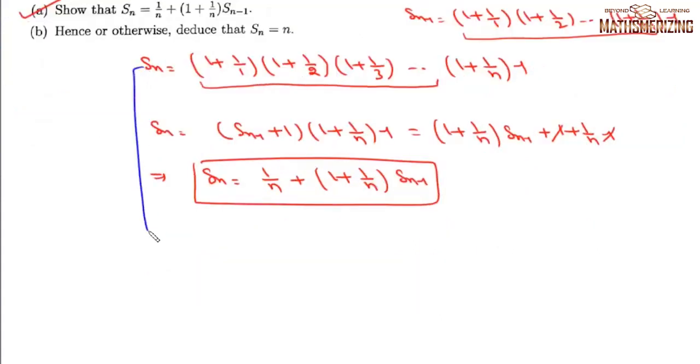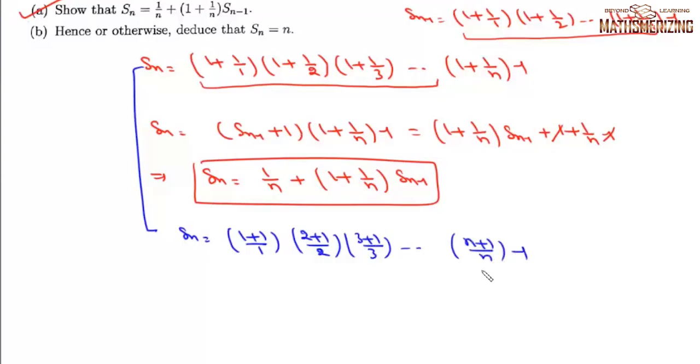Now again if we consider this Sn, it is 1 plus 1 upon 1, next is 2 plus 1 upon 2, 3 plus 1 upon 3, and it will go all the way up to n plus 1 upon n, minus 1.